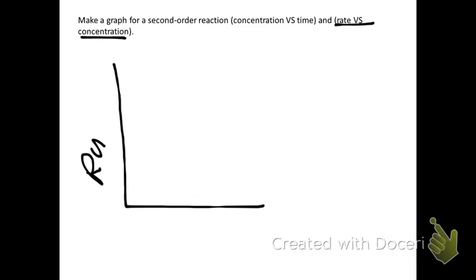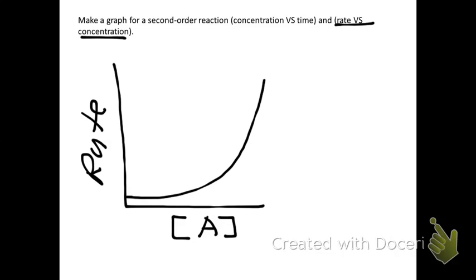Rate over concentration of A should get us an exponential like so. Alright, for rate versus concentration. Alright, so there's second order graphs that you need to know.